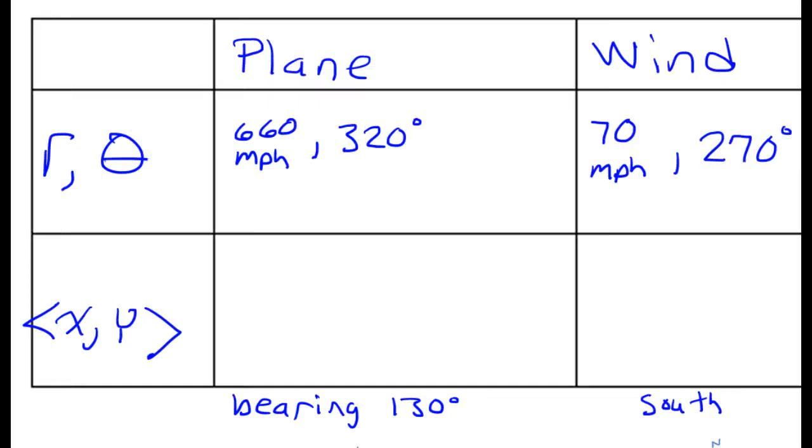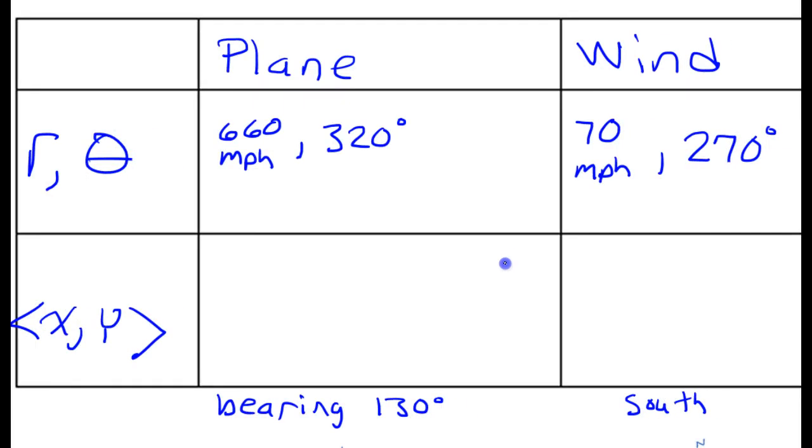And then it will be easy to calculate the resultant vector. The way you find the component form is you use this little formula, r cosine theta for the horizontal component, and r sine theta for the vertical component. And this is r and this is theta.